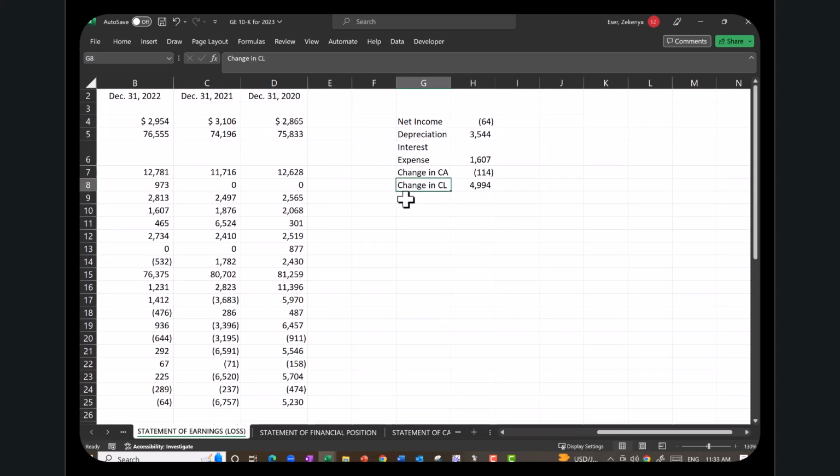And this is, you can think of it as change in fixed assets.